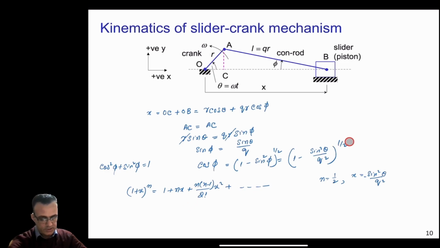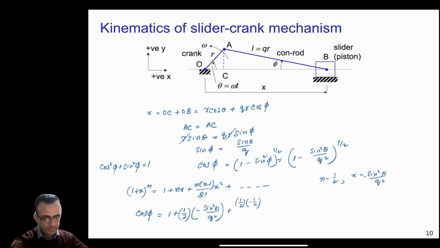So if we just write this equation here, cos phi will become equal to 1, and then plus half, n is our half, and then you have x, which is this value here, so minus sine square theta divided by q square, and plus n will become again half, and half minus 1, which will become minus half, divided by 2 factorial, and now it's x square here.